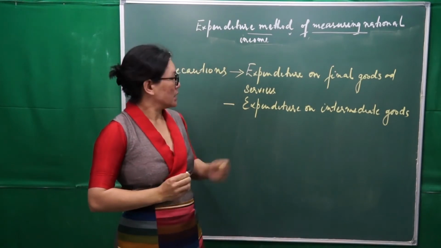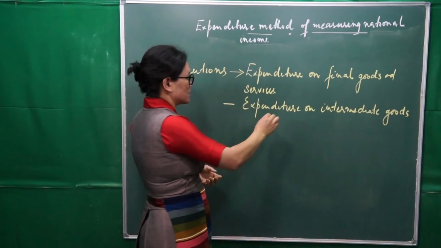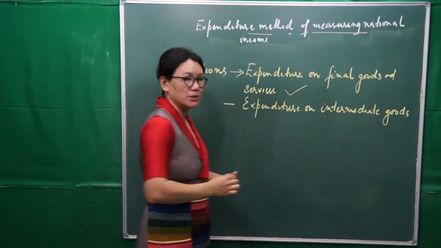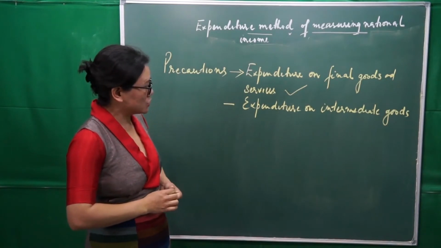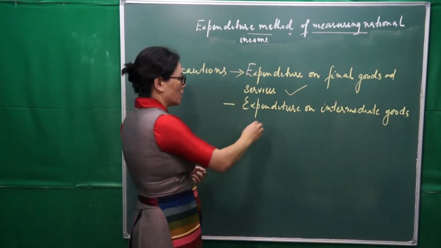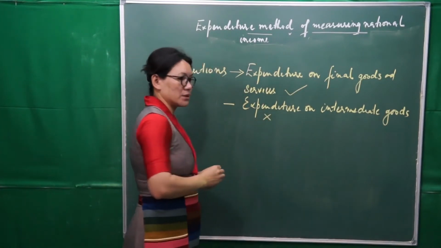I said expenditure on final goods and services are taken into consideration in this method, whereas expenditure on intermediate goods are not included in this method.